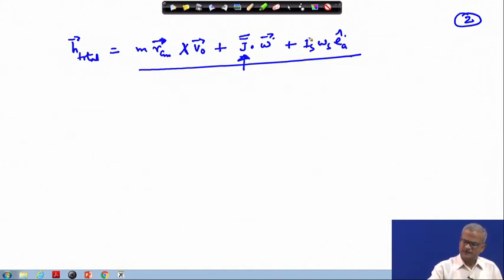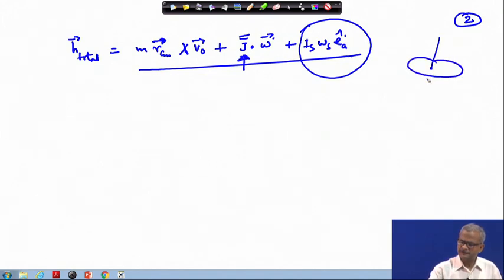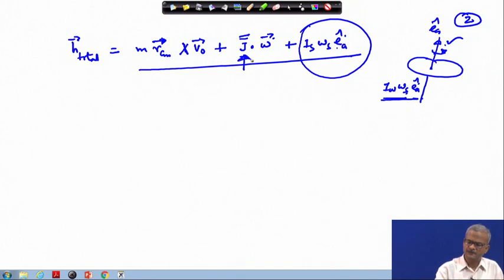This part is nothing but the wheel's angular momentum along its particular axis E a cap. I s times omega s is the corresponding angular momentum about this axis, and if we multiply by E a cap, it becomes a vector. And this is the main body angular momentum together.